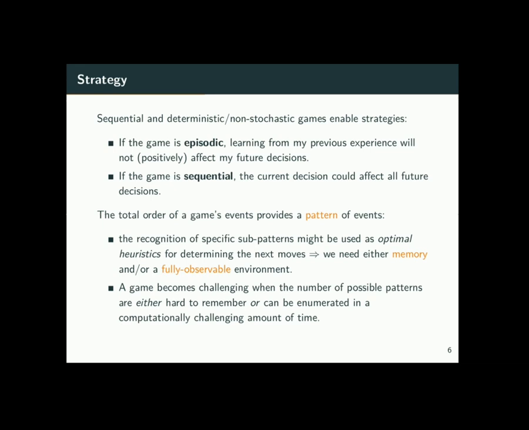So any action has no consequence in my future. Otherwise, something is sequential if the order in which I'm providing the actions is somehow relevant, and that might dictate my progress or not in the game. And we're going to see an example in visiting a room eventually in this slide.